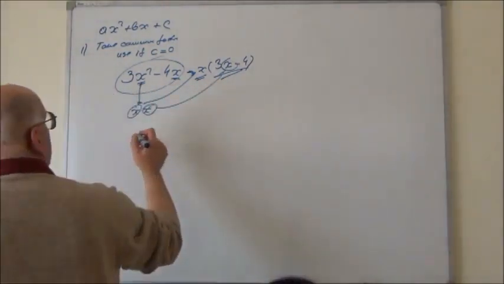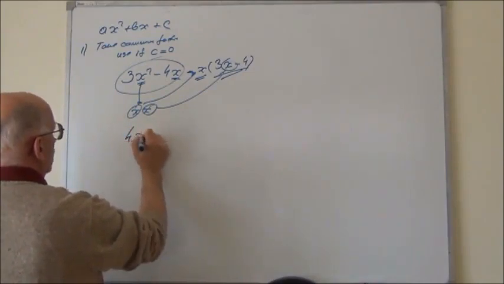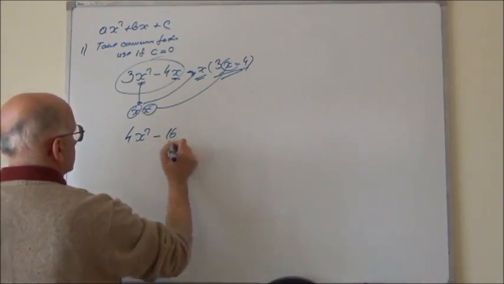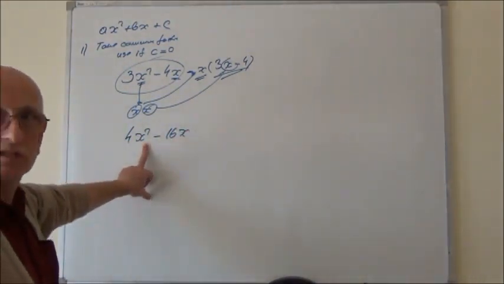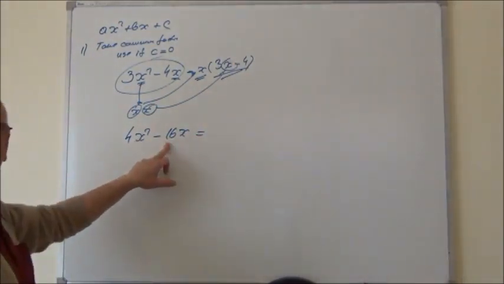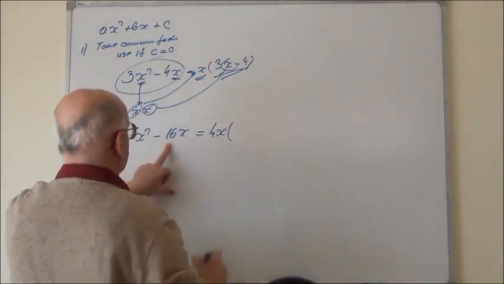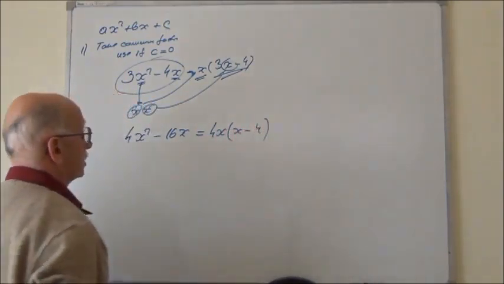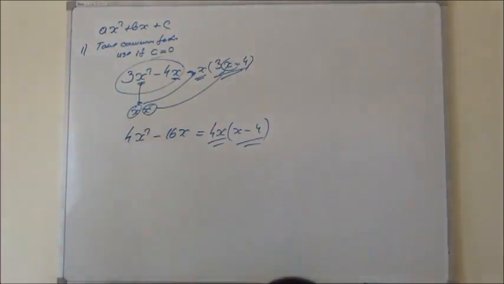For example, if we had the expression 4x squared minus 16x, then we shouldn't take just x, because we have 4 as a common factor also, and we take 4x, and then of course we have x minus 4 in brackets, and we factorize this expression.